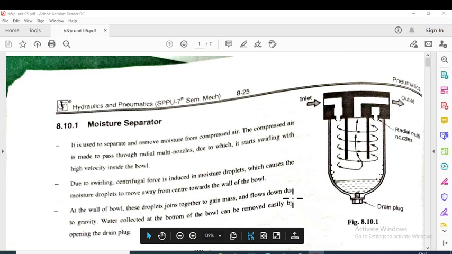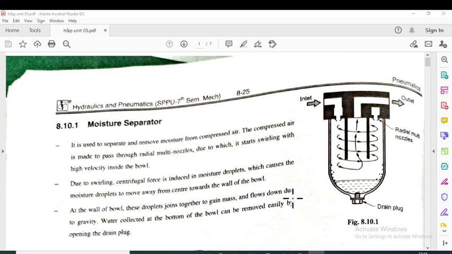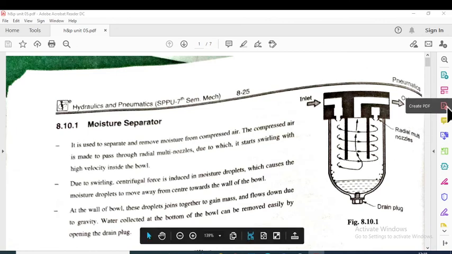Because if air enters along with moisture, this moisture can cause the problem of rusting, which will affect the efficiency of the pneumatic components. So we need to eliminate the moisture contained in the air, and to eliminate this moisture we use the moisture separator.